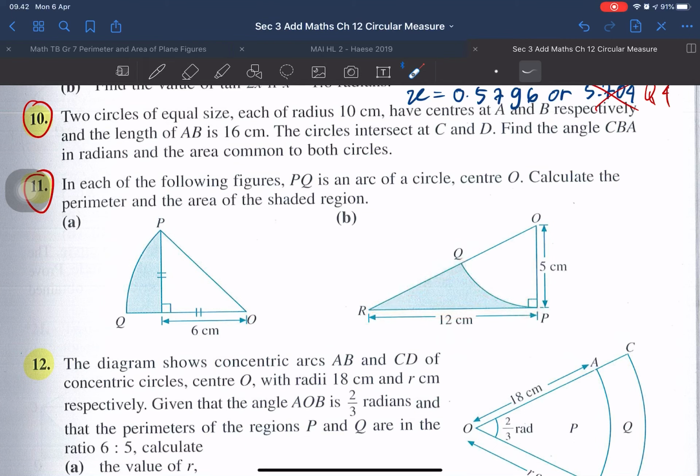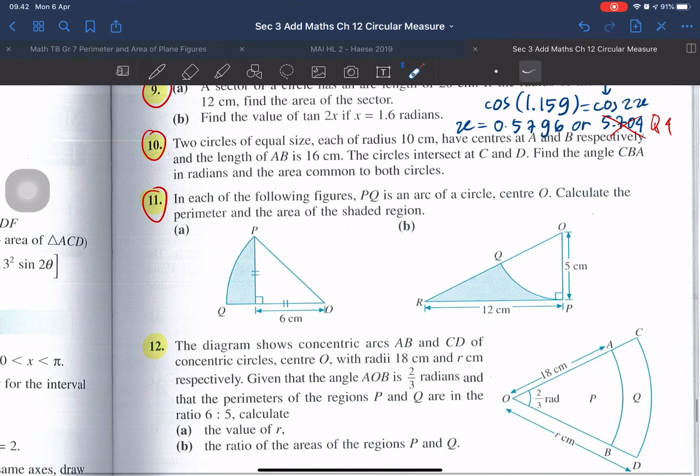Okay, how to get this part? Pythagoras, and then minus it with 5 because it's the same length, this 5 and this 5. Okay, you get this part, and to get this part, it's just the S, r theta. Get the angle, you can use TOA. That's it. Bye.